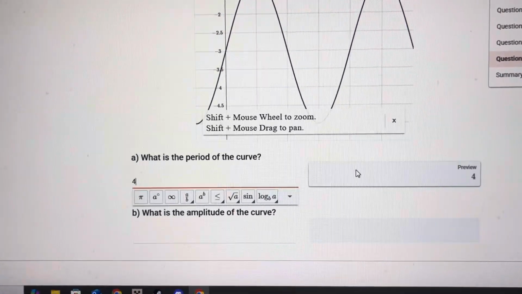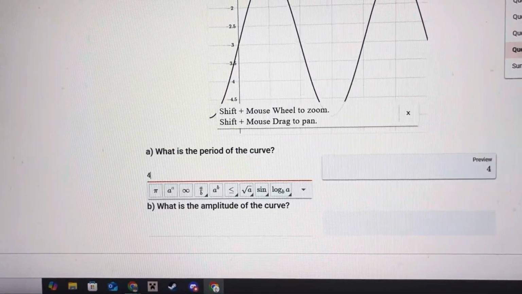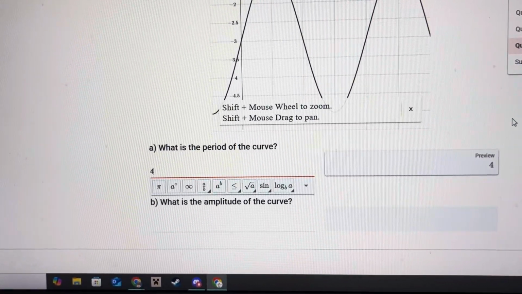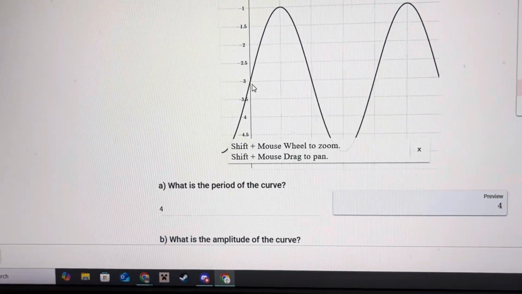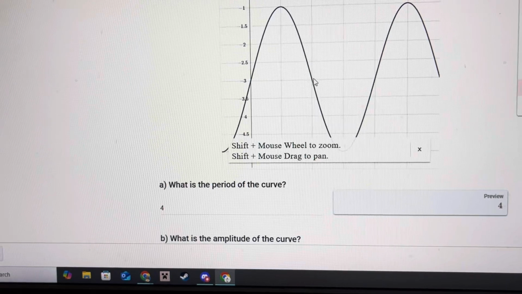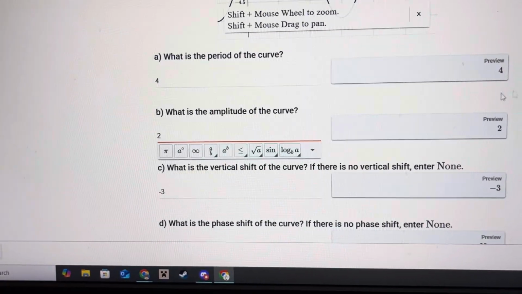So that's 4 of these swoopy lines until we get to 2 pi, which is how we determine the period. Then the amplitude: we start here, and then we go up 2, then we start here again, and then we go down 2. So the amplitude is 2.